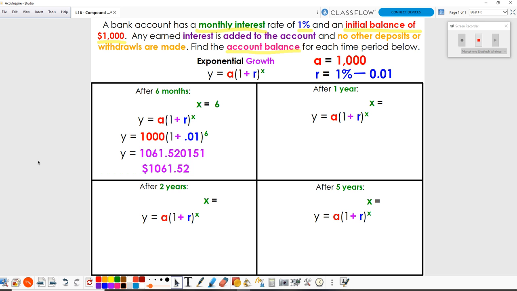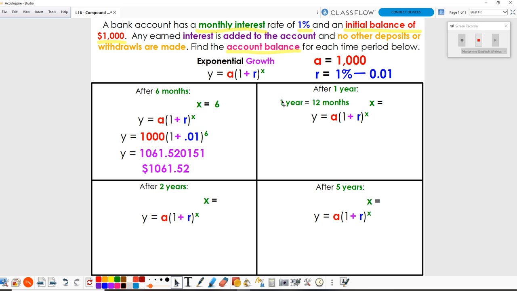Okay, now here's where things get tricky. Okay, after 1 year, you might think, if you're not really focused on the time intervals, that our x value should be 1 because it says 1 year. But remember, we're talking about monthly interest, which means my time interval has to be listed in months.